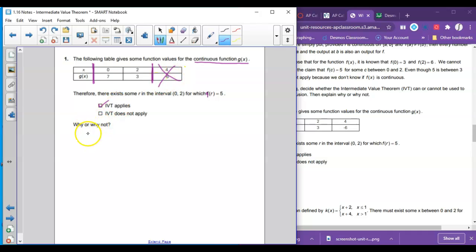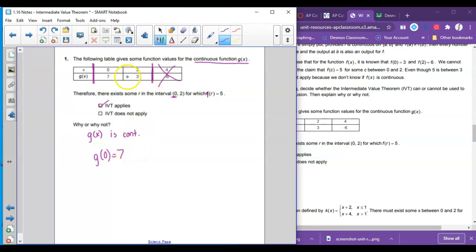So we are going to have to start with g of x is continuous. And we also need to say that 5 falls between 7 and 3. But when we do that, we want to say not just 7, but g of 0. That tells us that's the end point right here at 0. g of 0 equals 7.